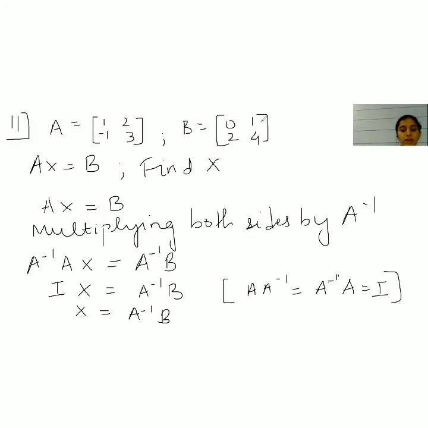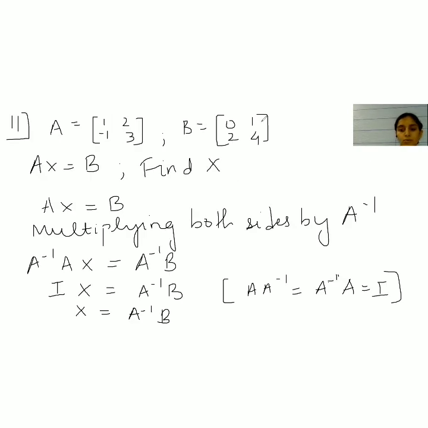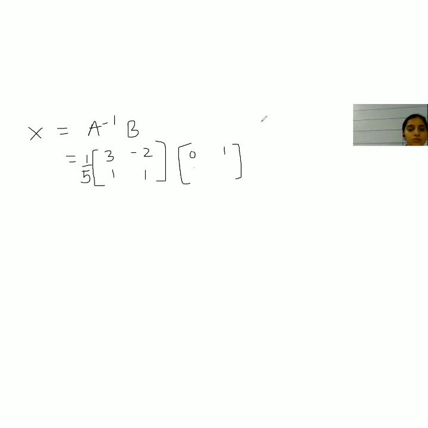What is the next step to find X? Multiply it with B. So now X is equal to A inverse multiplied by B. We'll write A inverse over here, 1 upon 5 times [3, -2; 1, 1], and B is [0, 1; 2, 4]. We'll keep 1 upon 5 outside and just multiply these two matrices. So 3 into 0 is 0 plus -4, so -4.